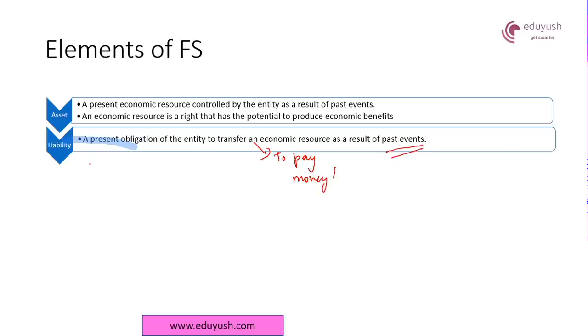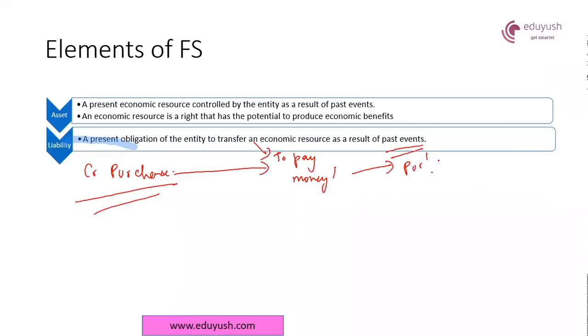So suppose a credit purchase took place. The day of the credit purchase, you have an obligation to pay the money because of the past event of your purchase. So the day you purchase the goods on credit, it becomes your obligation. Simultaneously, you will create an accounts payable or a creditor in your books of accounts.